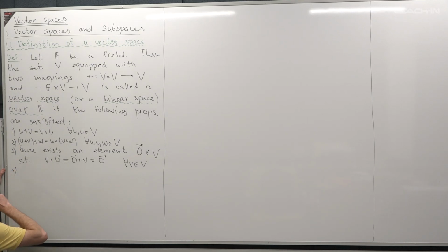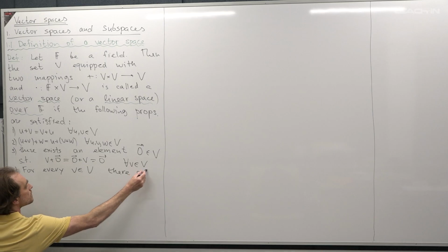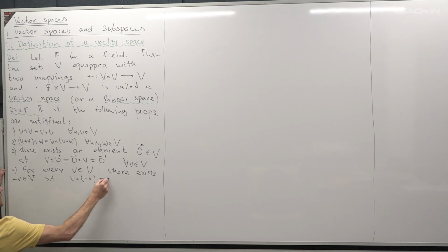The fourth property: for every v from V, there exists the element minus v from V, such that v plus minus v is 0.